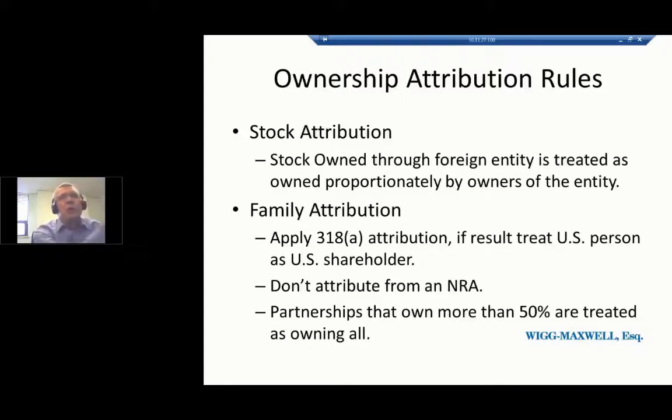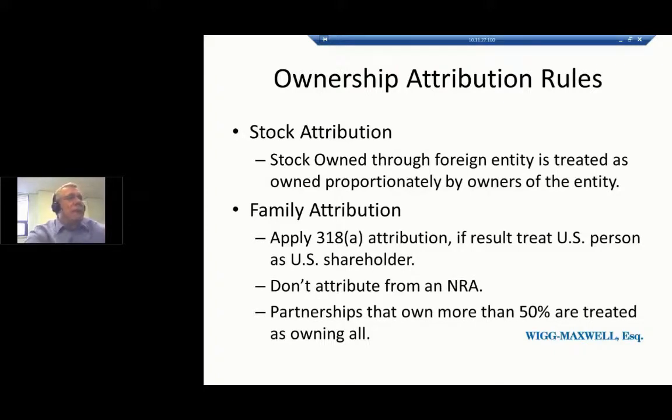But also if a foreign corporation owns a share of stock, it's attributable to the owner proportionately to that ownership. You own 90%, you get 90% of the stock that the foreign corporation owns. You own 10% of the top level company, you get 10% of the stock that the top level company owns in a lower level company.